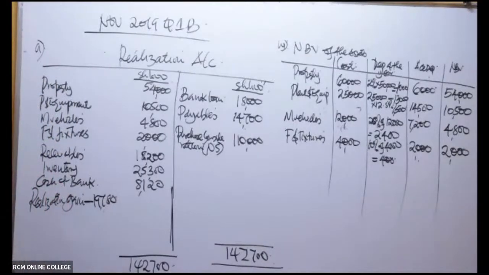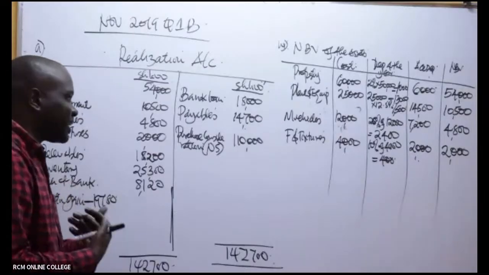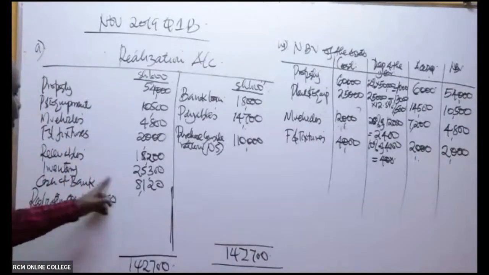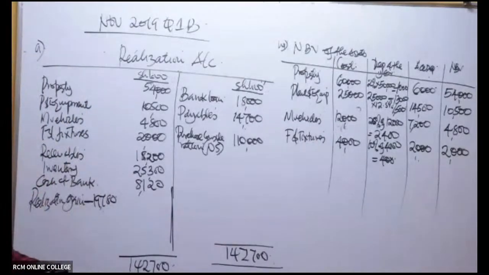This realization gain, what they gained when they converted this partnership into the company, has to be distributed amongst the partners.